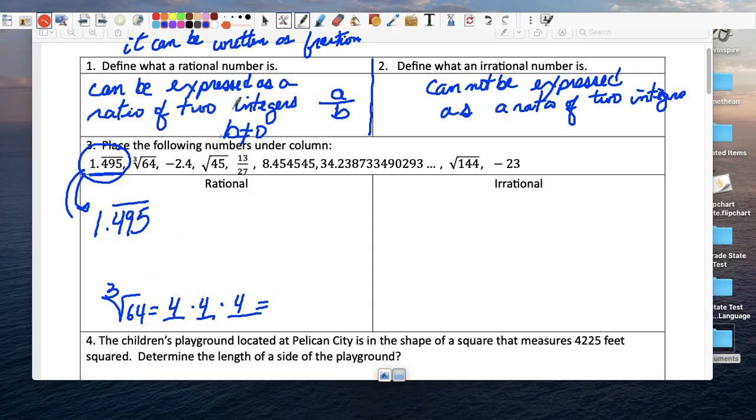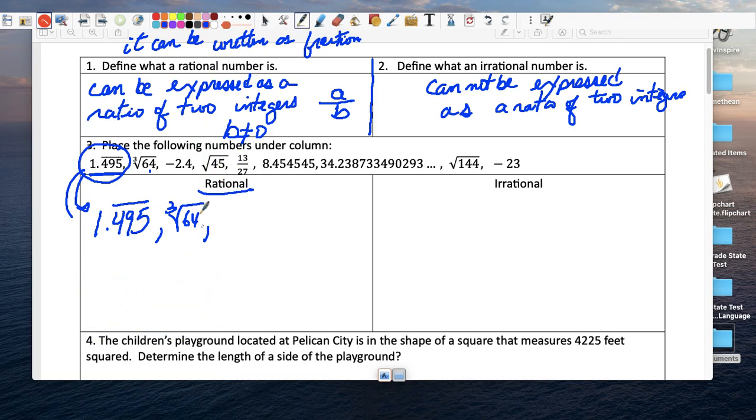So the cube root of 64 is just another way of saying 4. These two mean exactly the same thing. And 4, we know, is a rational number. So let me put cube root of 64 on the rational side.